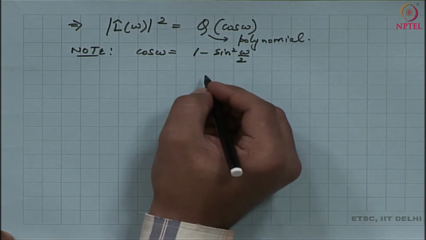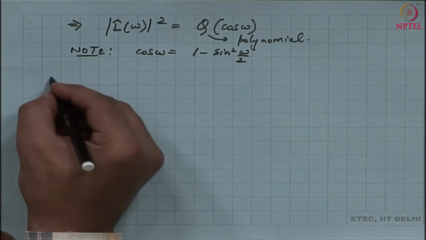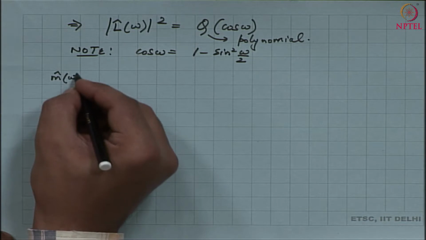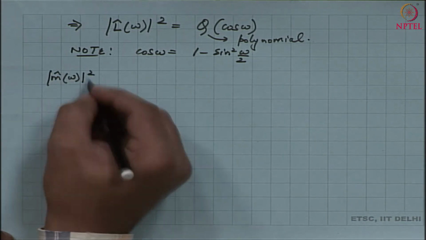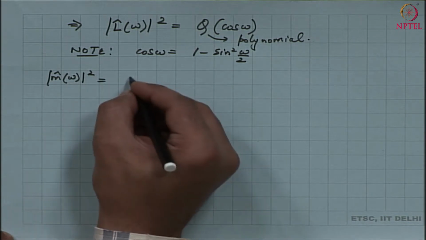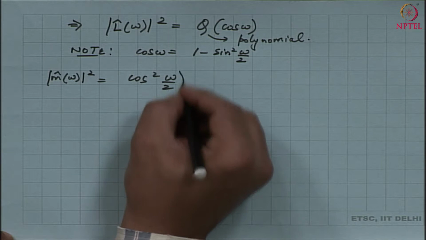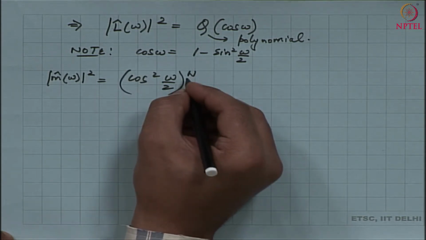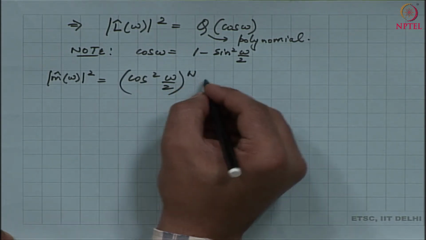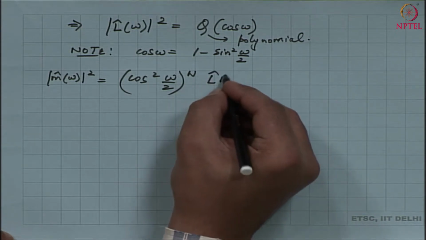Which means that the absolute value of m hat omega square is nothing but cos square omega by 2 to the power n times the absolute value square of L hat omega.